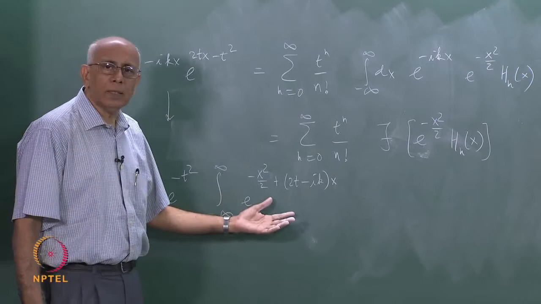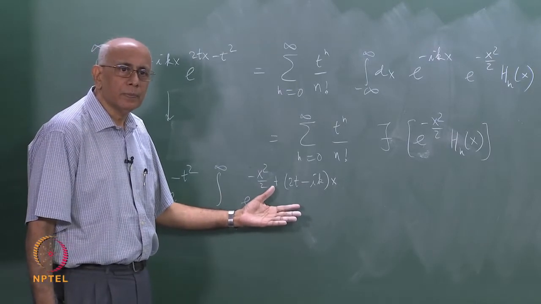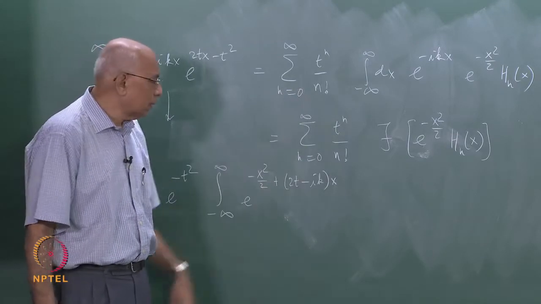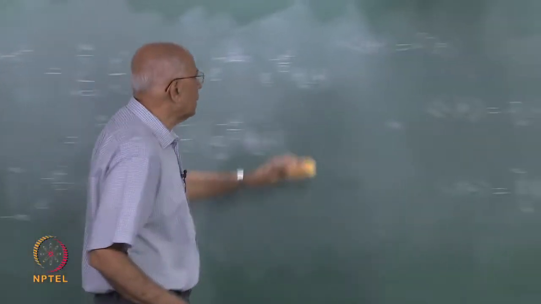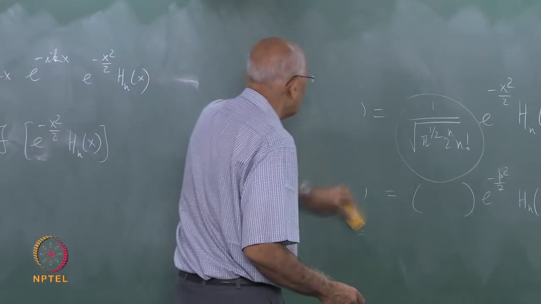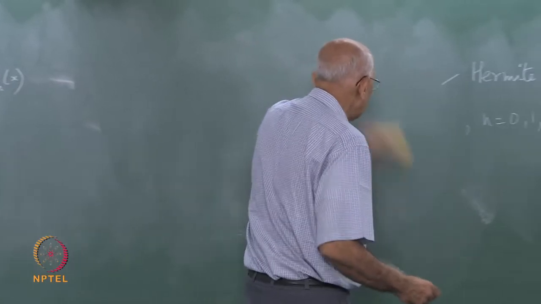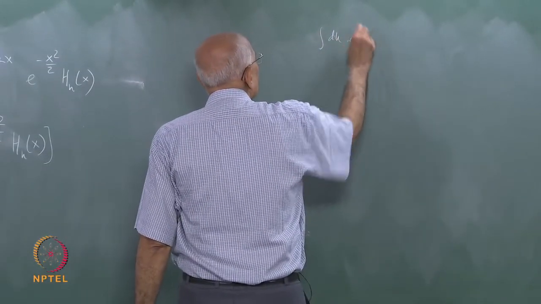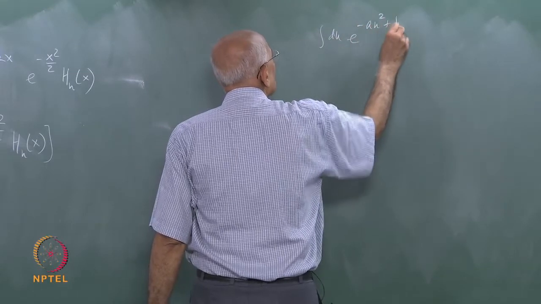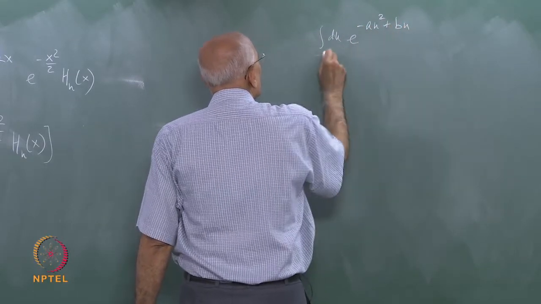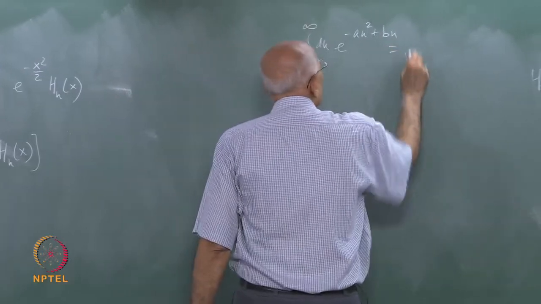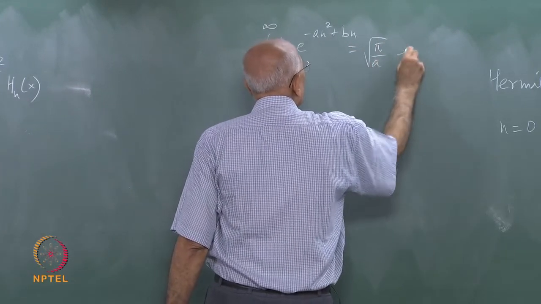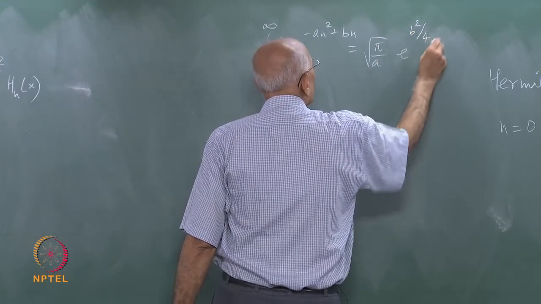How do you do such an integral? Complete squares. We know the formula already, so that is again a useful formula to remember. The integral du from minus infinity to infinity of e to the minus a u squared plus b u is the square root of pi over a times e to the b squared over 4a.